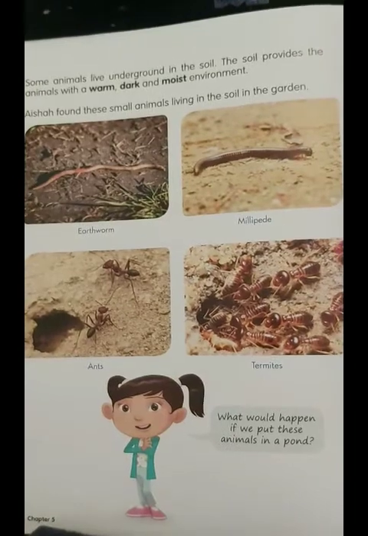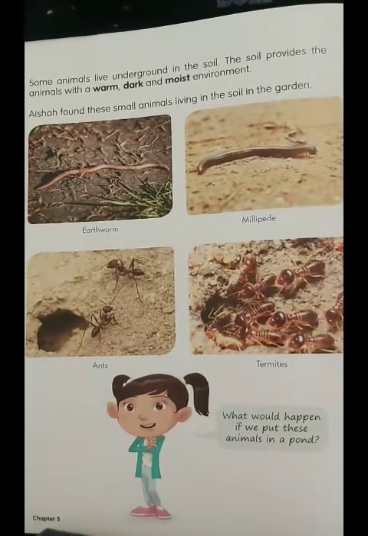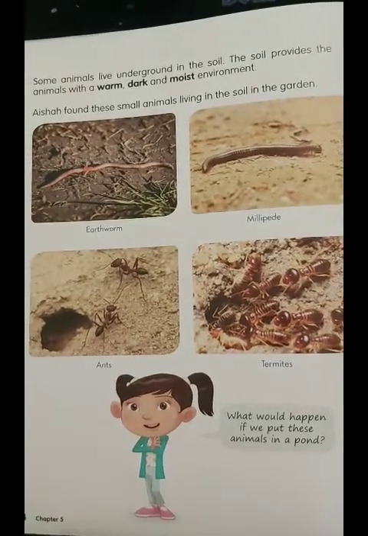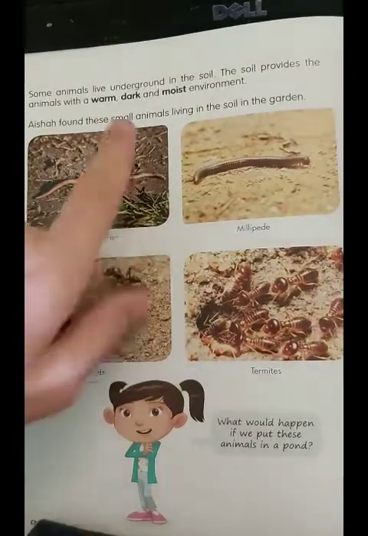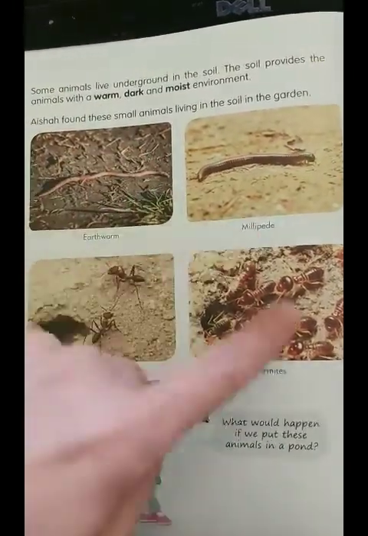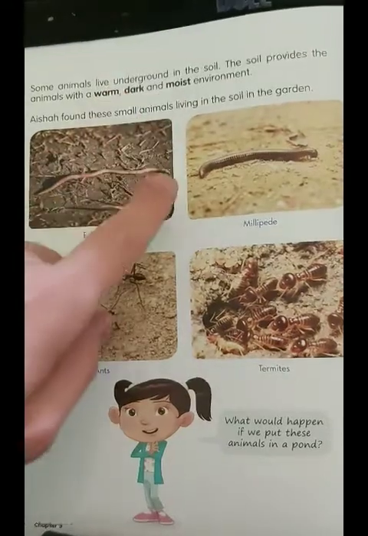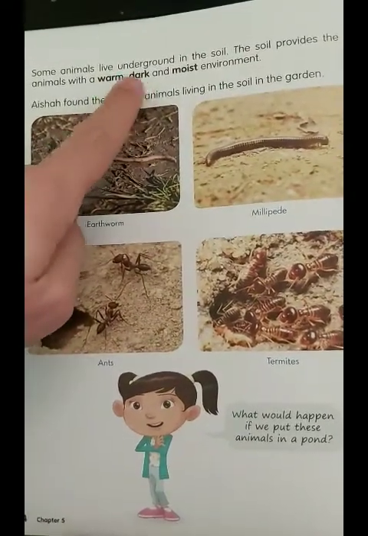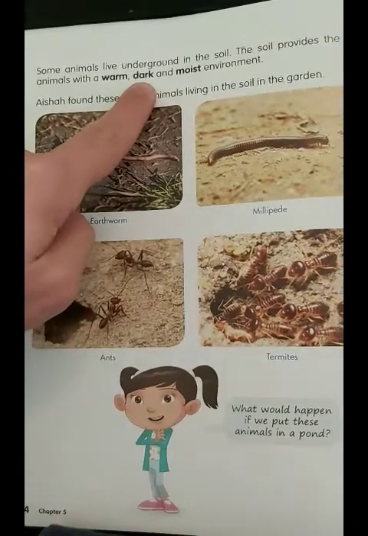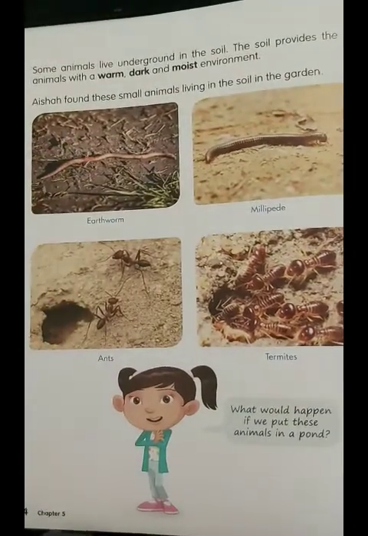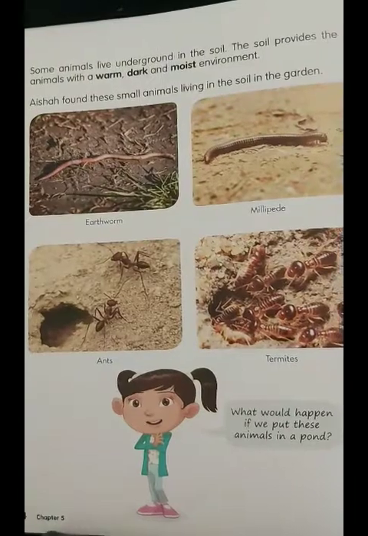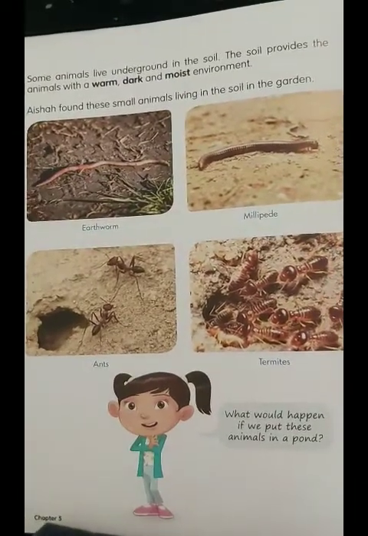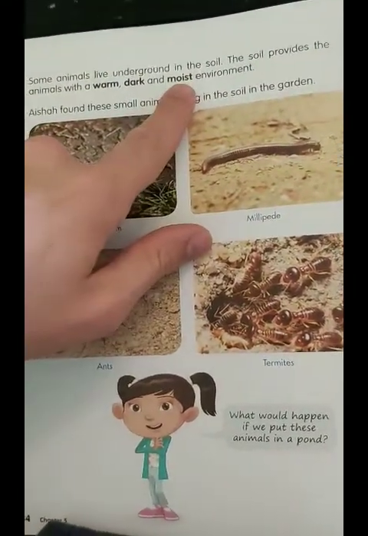The soil provides the animals with a warm, dark, and moist environment. So these animals live underground, and underground will be warm. It's not hot, it's not cold. It's dark. If you remember, the pond is not dark, it shines during the day. And this one is moist.